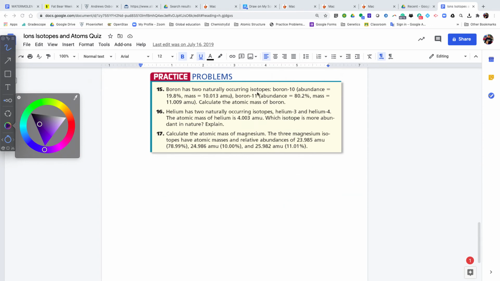For number 17, you have 3 different atomic masses of the 3 isotopes and the relative percentages. To get the average atomic mass, I'm going to take the mass of A here, 23.985 AMUs, and multiply by the percentage expressed as a decimal, 0.7899.